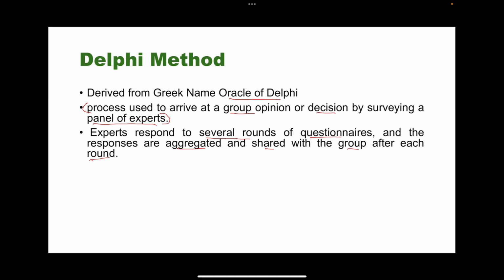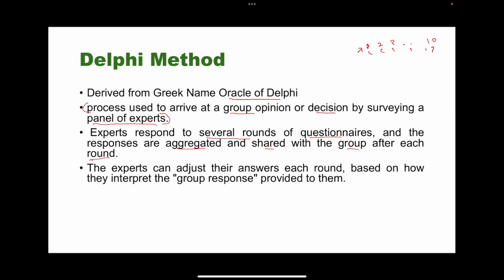Suppose there are 10 experts. These experts are given several questions, and the results of all these are combined together and then presented to each expert again. Okay, and then experts can adjust their answers each round.